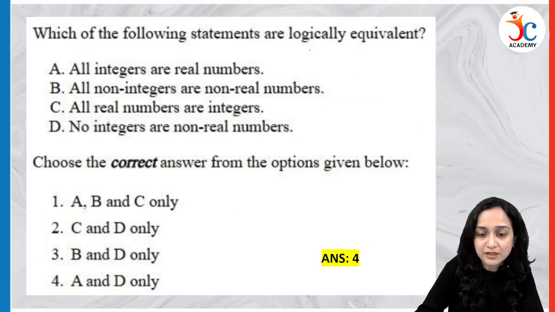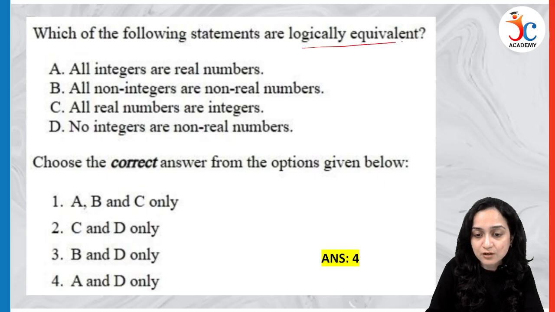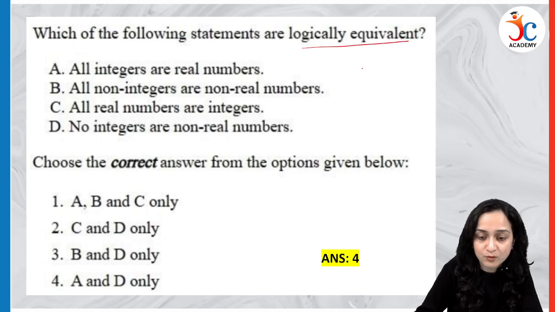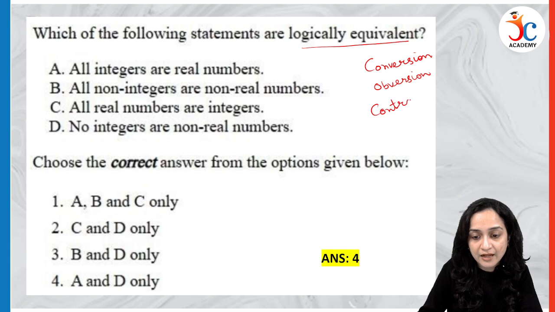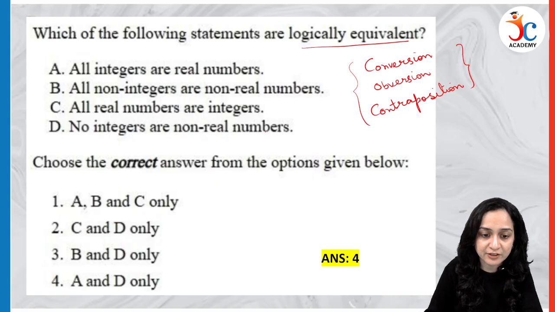Question number 3. Which of the following statements are logically equivalent? We have 3 cases: conversion, obversion, and contraposition. These are the 3 conditions where the statements are logically equivalent.